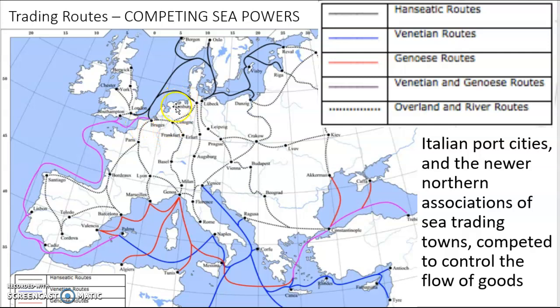What doesn't show up clearly on this map is Flanders, this northern area here, just north of France and just across the North Sea from England, and happened to be the place where a lot of the major rivers of Europe end up dumping out in the ocean. Because of that important place on the transportation connection systems of the waterways, these cities start growing up and becoming important sea trade cities as well.